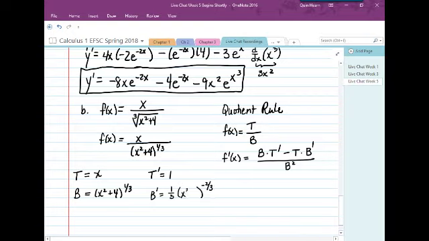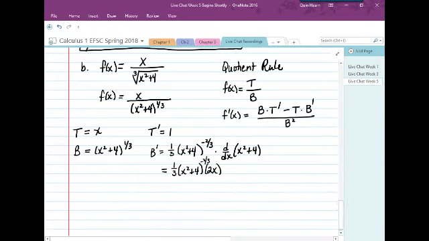But we're going to leave that x squared plus 4 plugged in, and then to compensate for the fact that it wasn't an x, we're going to take the derivative of x squared plus 4 and multiply it. So b prime, the derivative of the bottom, is 1/3 x squared plus 4 times the derivative of x squared is 2x, derivative of 4 is 0, so we don't need that. Oh, and I still need my power here. We don't want to lose that.